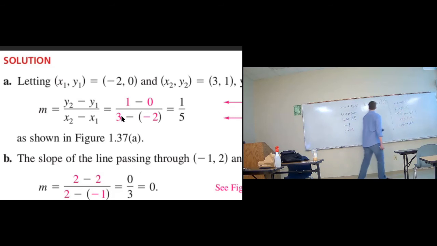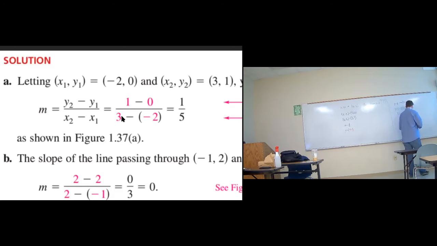Now, what if we had used the point 3, 1? y minus 1 is equal to 1/5 times x minus 3. Well, first thing we're going to want to do in this case is move that 1 over here.